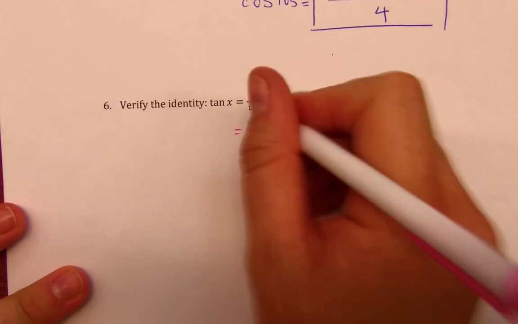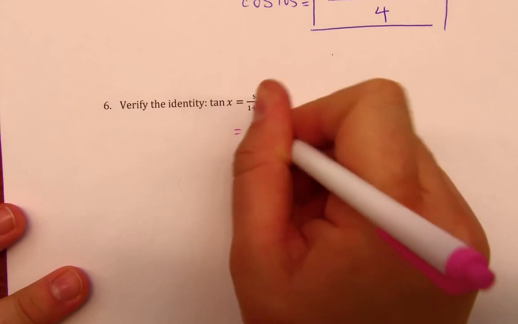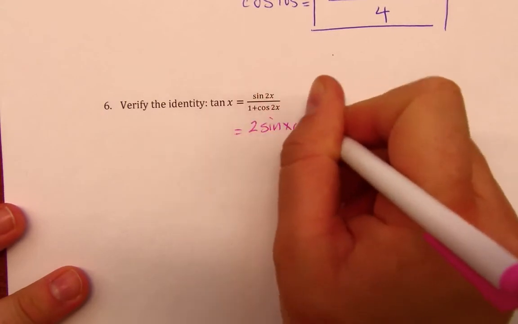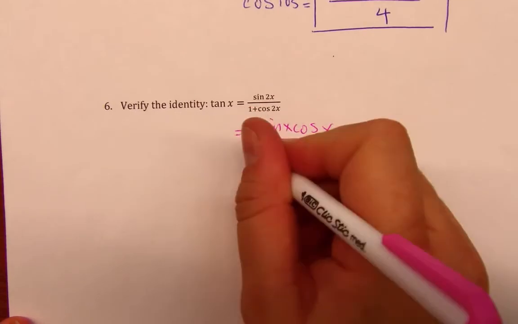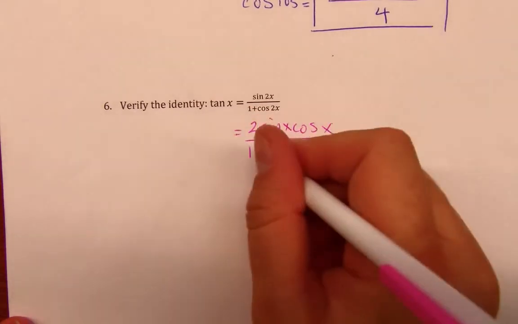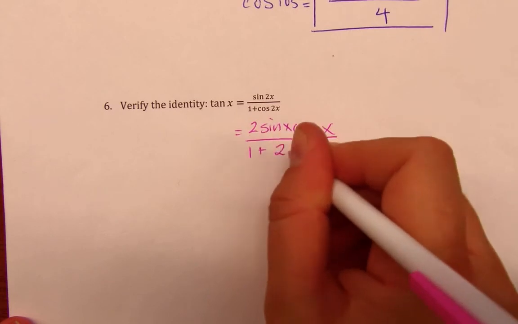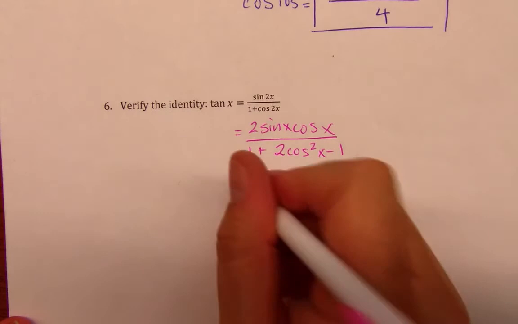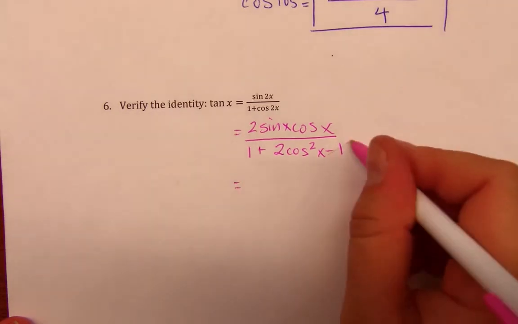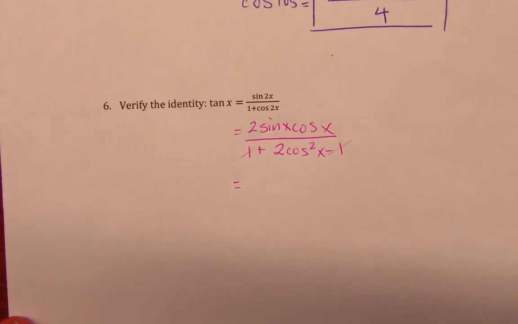So sine of 2x, we can rewrite that as 2 sine x cosine x. And cosine 2x we can rewrite as, let's see, 2 cosine squared x minus 1, plus 1. And this negative 1 and positive 1 cancel.